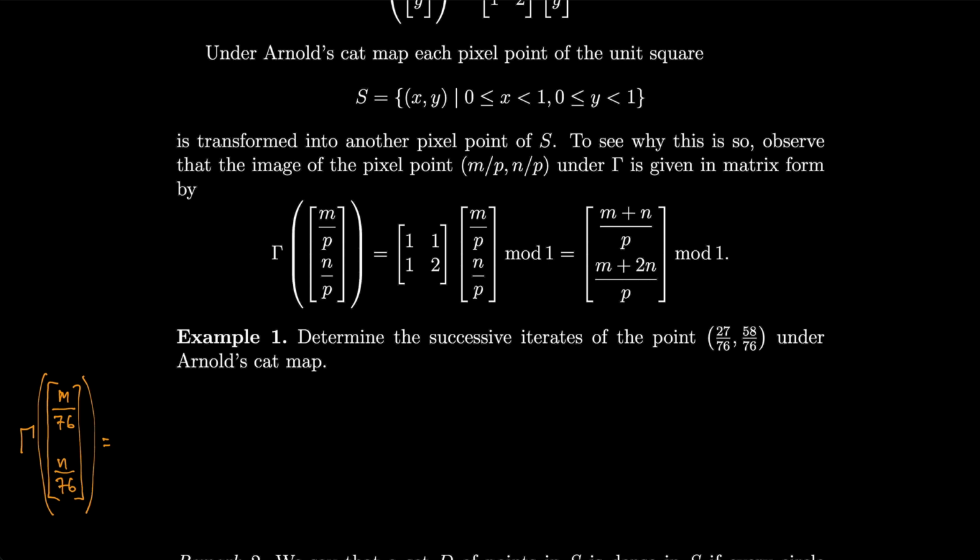So this is going to give us this result. In our case, that's (m + n over 76, m + 2n over 76) modulo 1.